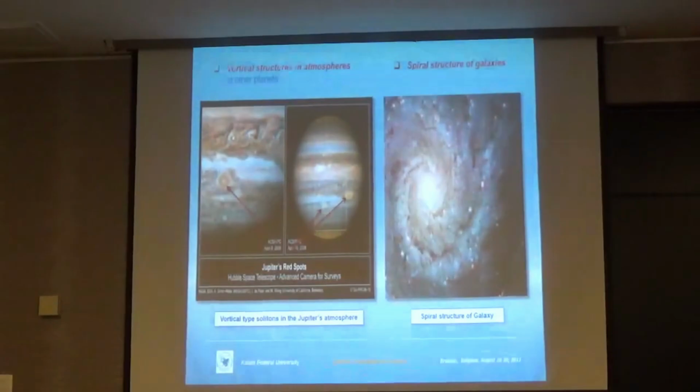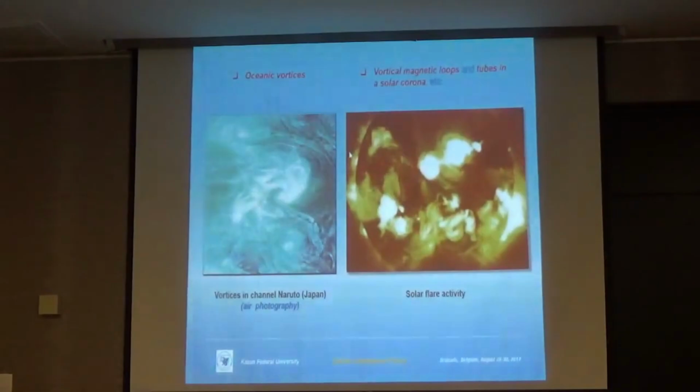Here you can see Jupiter's red spot, spiral structures of galaxies, oceanic vortices, vertical loops and tubes in the solar corona, etc.